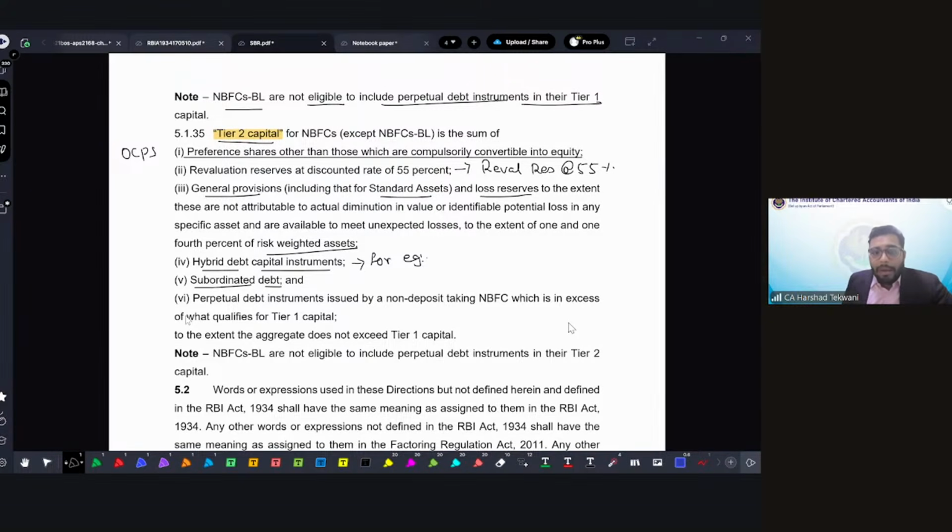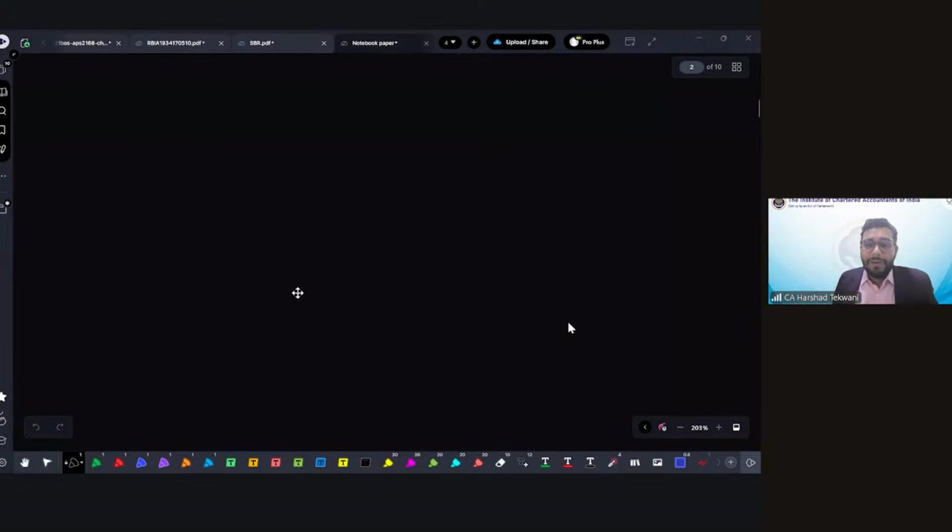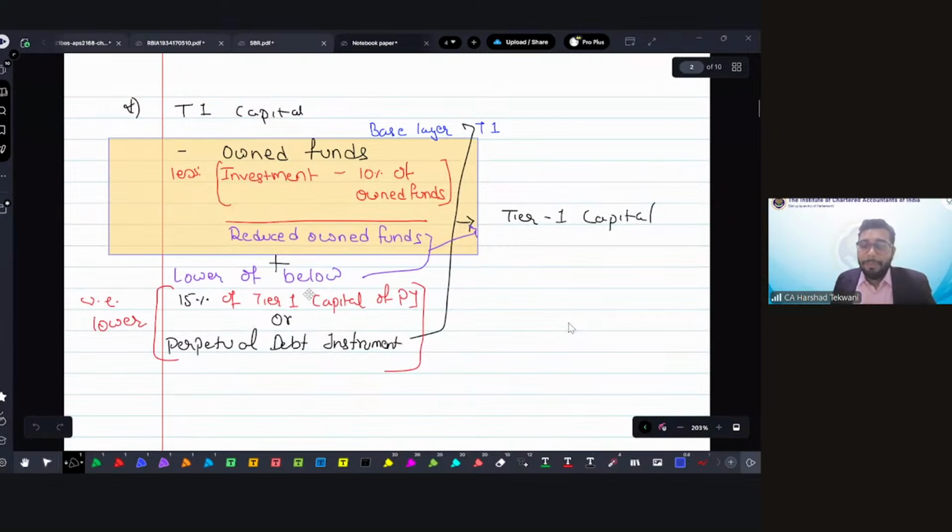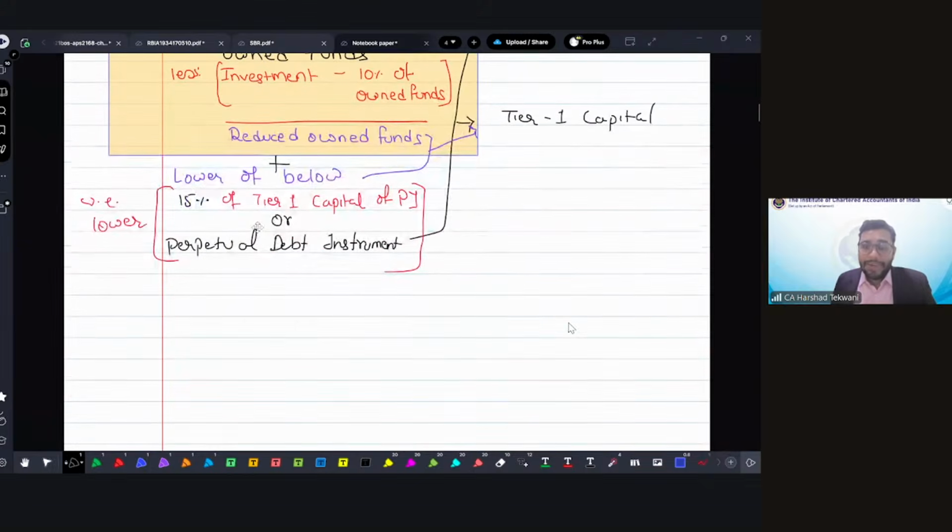Then we are talking about perpetual debt instrument in excess of what qualifies for tier 1, meaning whatever was not allowed in tier 1. I allowed only to the extent of 15% of tier 1 capital for perpetual debt instrument.